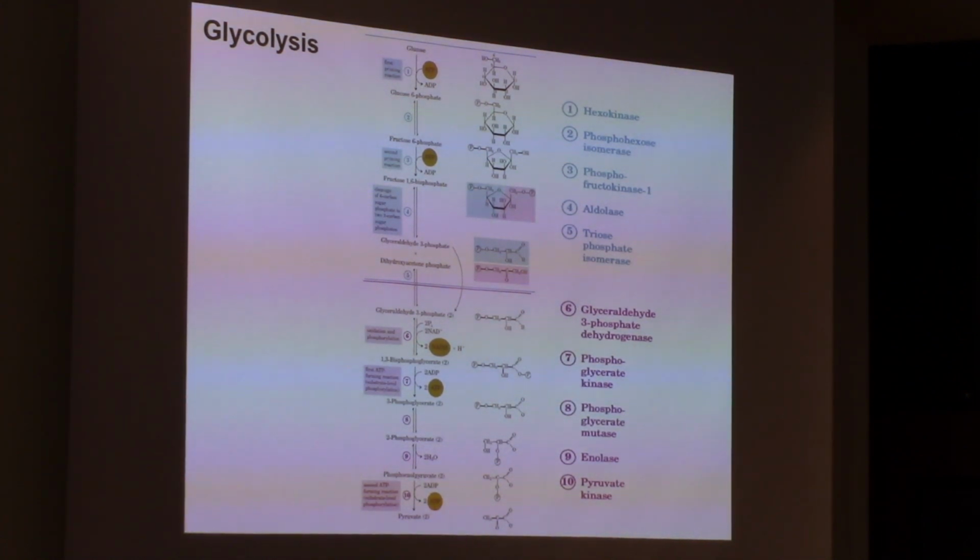I've told you numerous times that a key aspect of glycolysis, its dependence on oxygen, arises because of that NAD plus and NADH. This is the oxidation reaction, and the reason that glycolysis is connected to the oxygen reaction.